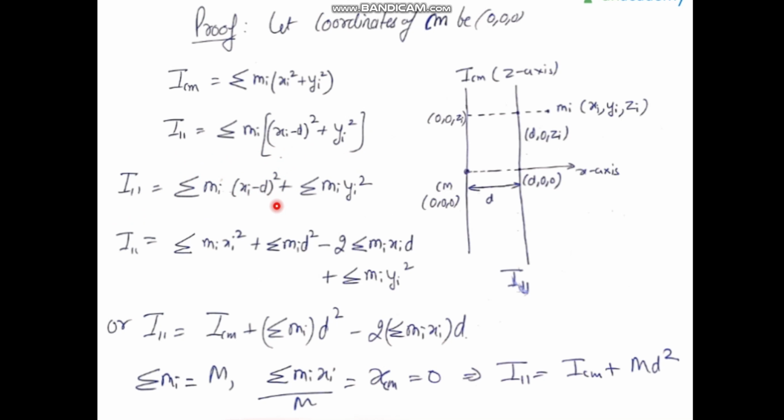Now I can expand this using (a minus b) whole square, which is a square plus b square minus 2ab. So I get summation mi into xi square plus summation mi into d square minus 2 times summation mi xi into d, plus obviously this last term, summation mi into yi square.